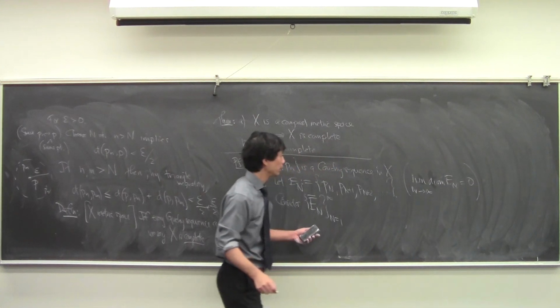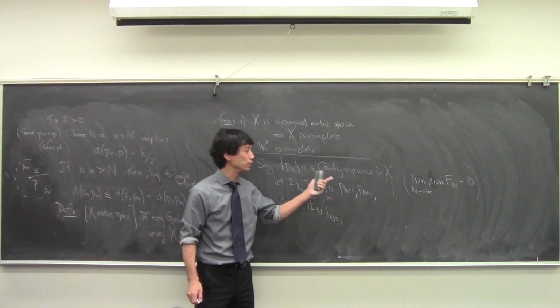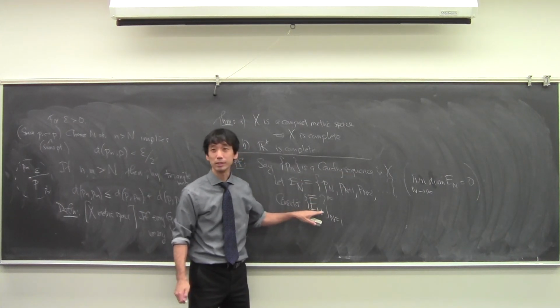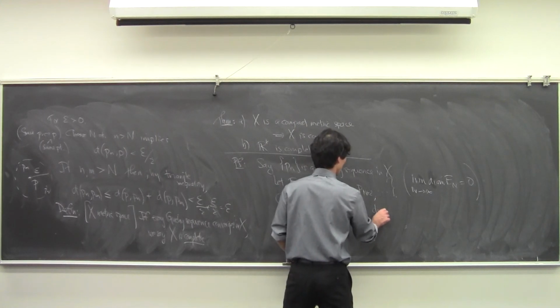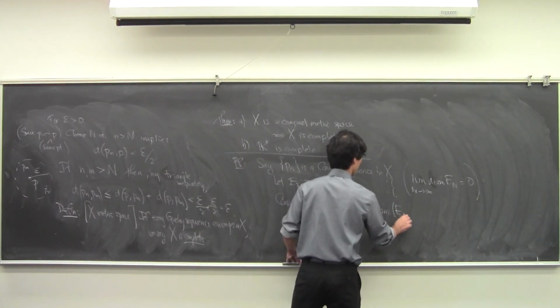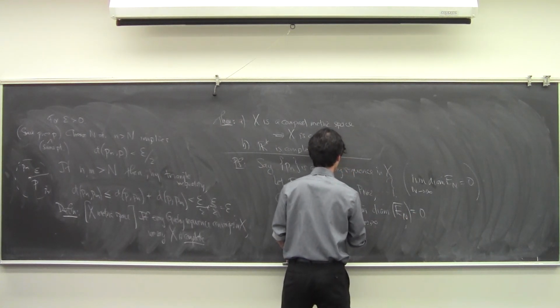Being Cauchy means that the diameters of your tail go to 0. And so we know the same thing for this: the limit of the diameter of the closed tails also equals 0 as n goes to infinity.